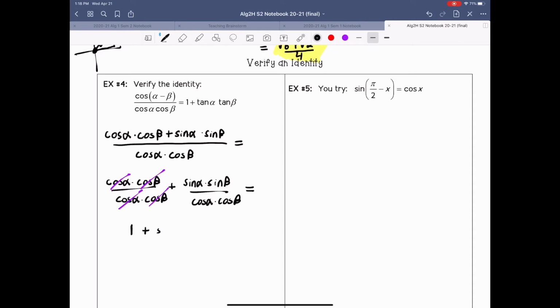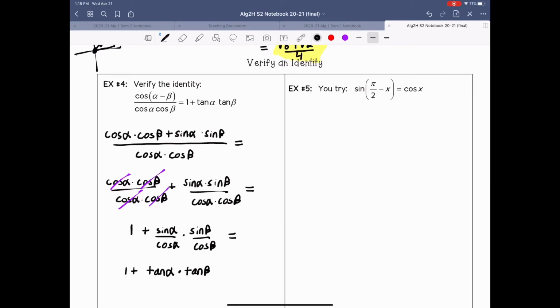So that can break up into the sine of alpha over the cosine of alpha multiplied by the sine of beta over the cosine of beta. Now, we know, using the quotient identities that we learned a few lessons back, that sine over cosine is the same thing as tangent. So if we have the sine of alpha over the cosine of alpha, that can be written as the tangent of alpha. And then the sine of beta over the cosine of beta, that is equal to the tangent of beta.